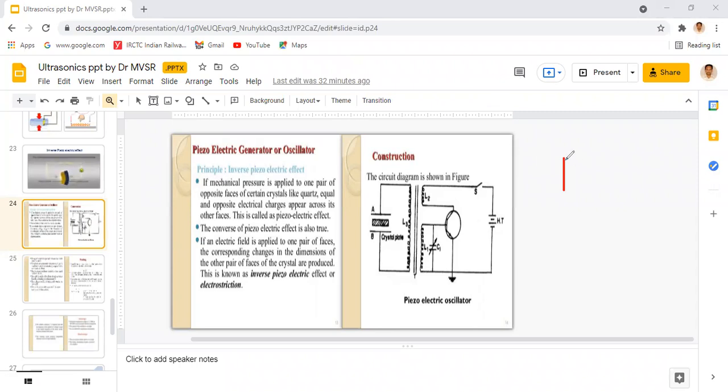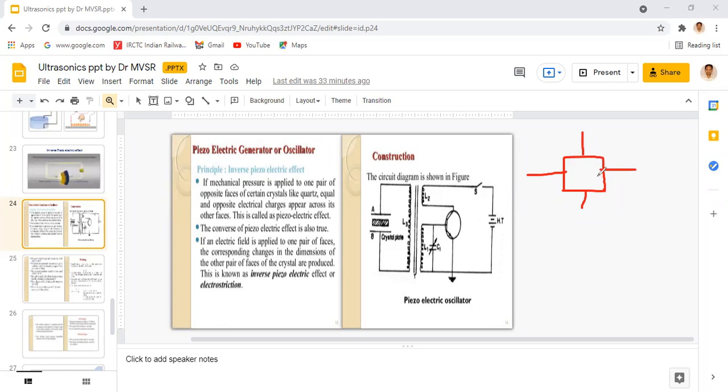Consider this is a crystal plate. Whenever the mechanical pressure is acting in this direction, this indicates the direction of the applied mechanical pressure. In the perpendicular direction, the alternating potential difference is produced.